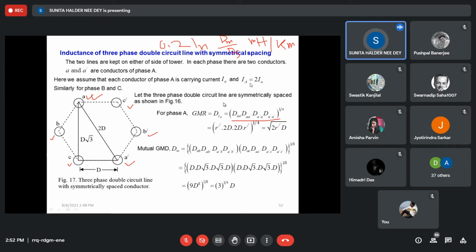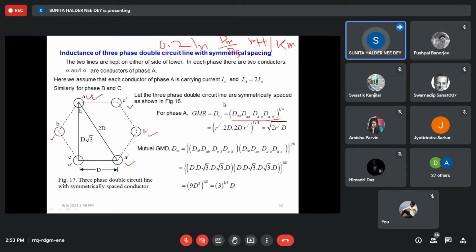But when we use the geometric mean radius formula or geometric mean distance formula, that parallel combination is already included in the formula. That's why the term mean has come, geometric mean, 1 by P, 1 by P square, 1 by PQ, like that. So when we are using this formula, we are not finding the inductance of subconductor a.